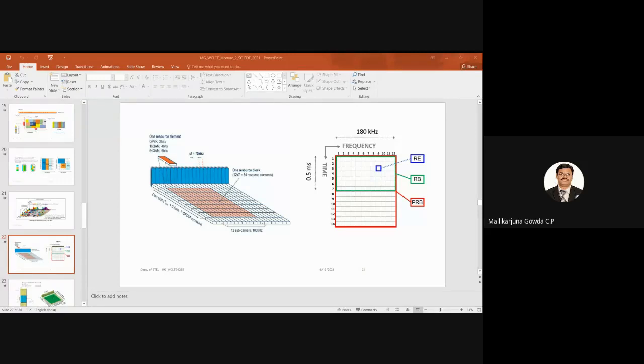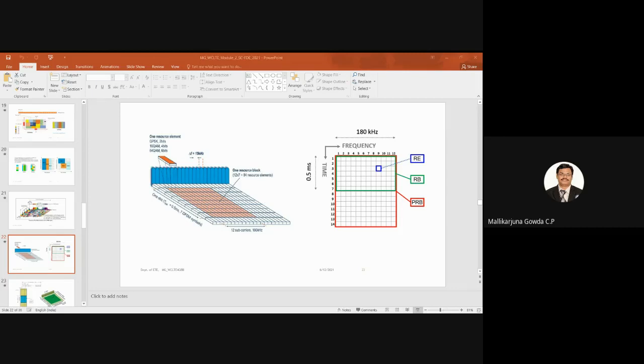Okay, and I said about the subframe, right? So a subframe is 1 millisecond. Are you able to get my point? For better understanding, you can see this picture also: 12 subcarriers, each subcarrier frequency spacing is 15 kilohertz, 12 into 15 gives 180 kilohertz.